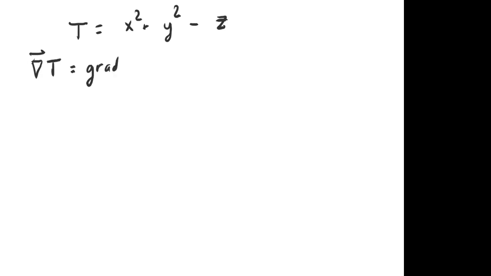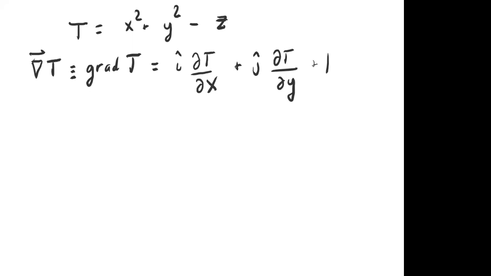So again, T is x squared plus y squared minus z squared. The gradient of T is just del times T. Both these terms mean the same thing. So the first term is just the partial derivative of T with respect to x. Second term is the partial derivative of T with respect to y. Third and final term is the partial derivative of T with respect to z.